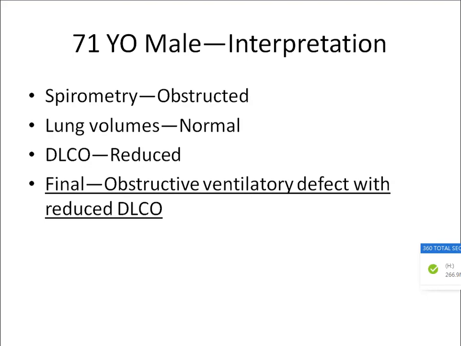Helium dilution method, nitrogen washout method, body plethysmography. These are tests that are helpful for the confirmation of restrictive lung diseases. For the confirmation of obstructive lung diseases, we should do spirometry. Spirometry is the cornerstone for the confirmation of obstructive lung diseases.